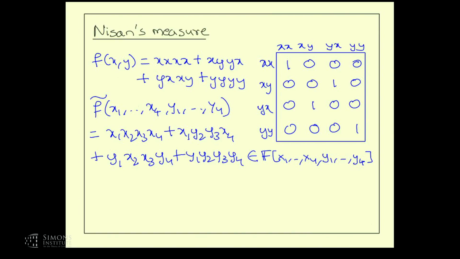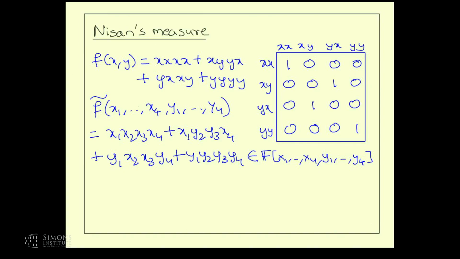Instead of x times x times x times x, you look at x1 times x2 times x3 times x4, the content being that you have an x at position 1 times an x at position 2, and so on. Now if you think of this as a commutative polynomial, you've not really lost any information. You can read off the non-commutative polynomial from it. So it's a nice way of translating from the non-commutative to a commutative setting.